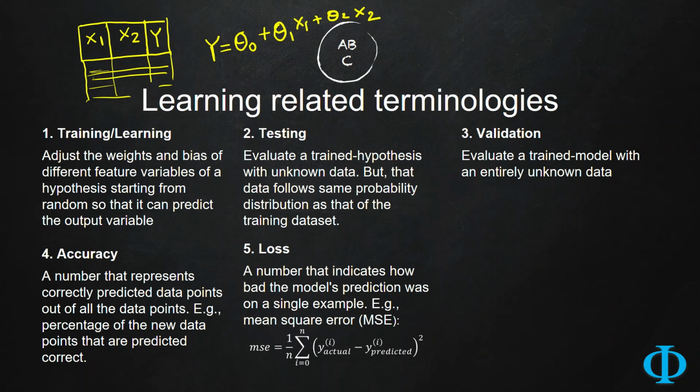Now these theta 1, theta 2 are called weights related to these inputs x1 and x2. Or sometimes it is basically nothing but a coefficient of the equation. x1 and x2 are the input variables, whereas theta 1, theta 2 are their coefficients. Alternatively, we call them weights.